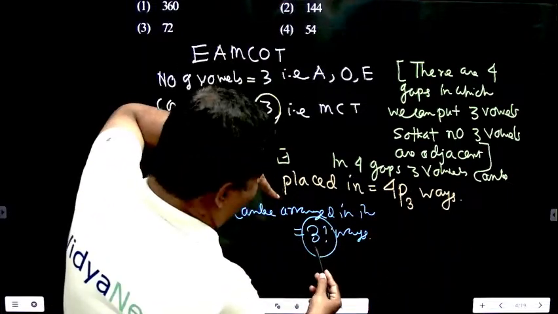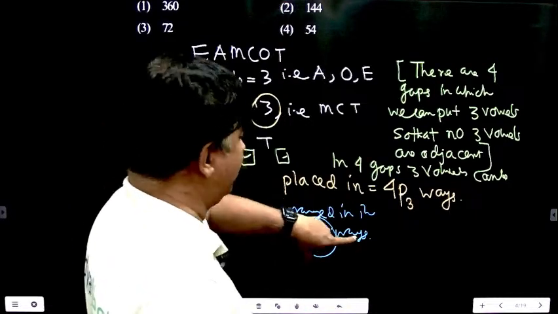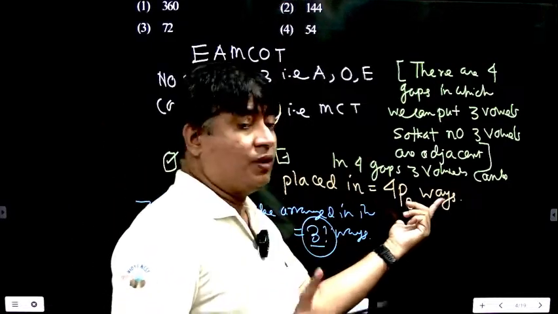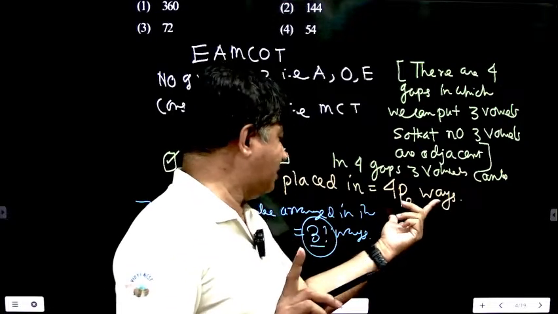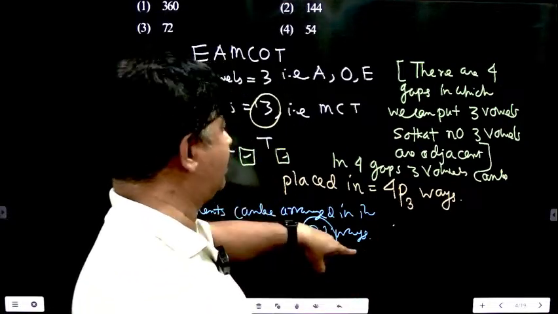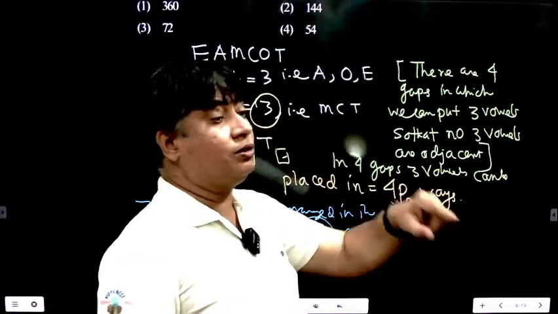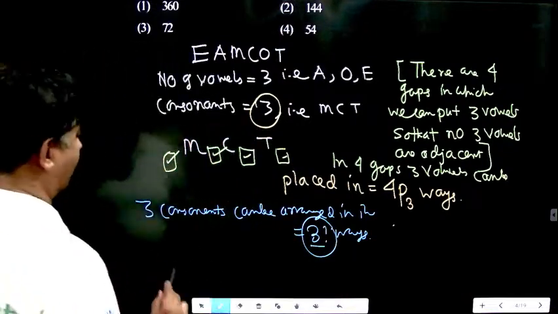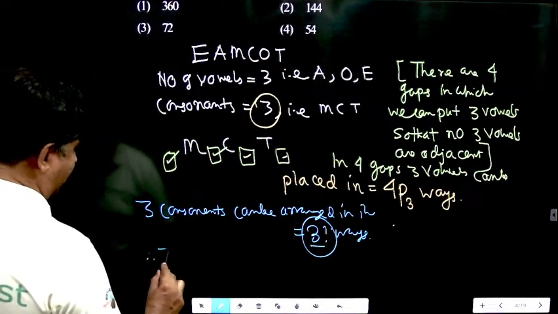With each of these factorial 3 ways, there are 4P3 number of arrangements. So, with factorial 3 ways, factorial 3 into 4P3 number of arrangements. So, total arrangements.